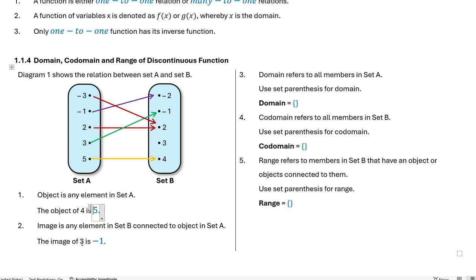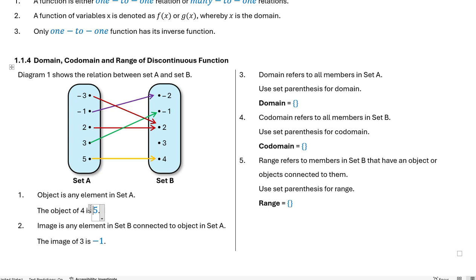When 3 is the object, what's the image? So the image is -1. If there are two images, give both of them, like in the exercise we did previously.